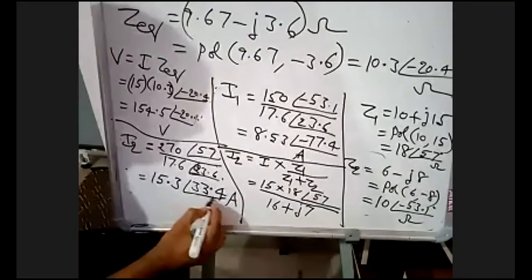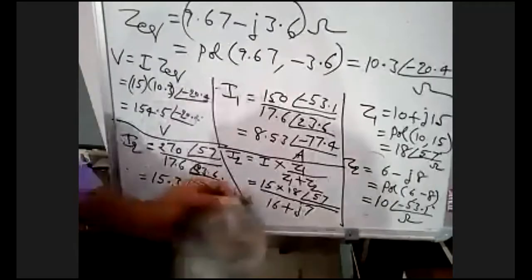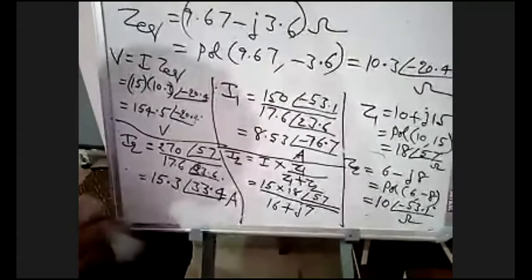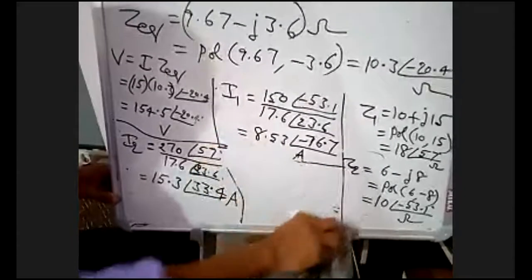Okay, this is the current I2. Now see here. Sir, tell me I1 also: 76.7? Angle 70. Okay, ampere. This is your I1 and I2.